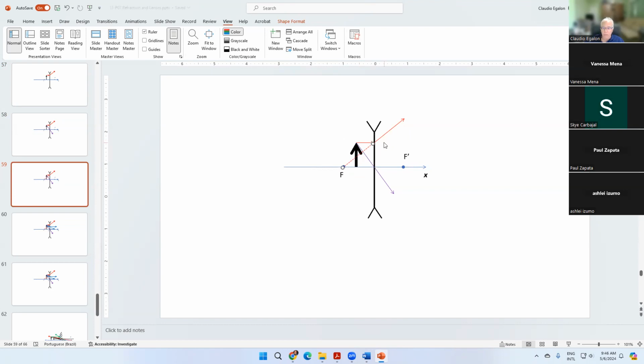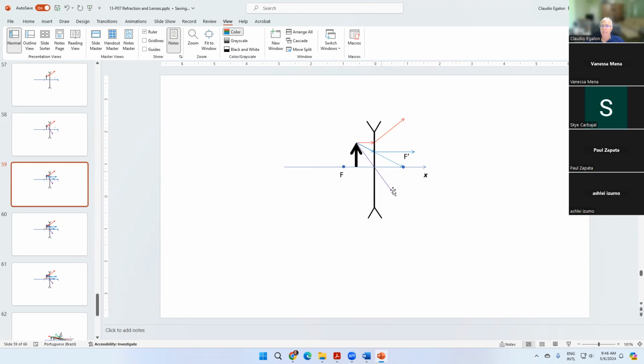Oh, that's the extension of this light ray. The third light ray is this one right here, folks. So this light ray that passes through the focal point F prime is going to be collimated.